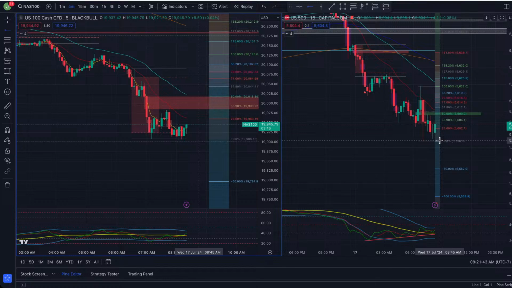Market moving back up. Remember, our bias is still bearish. We're more interested in seeing a sell setup than a buy.